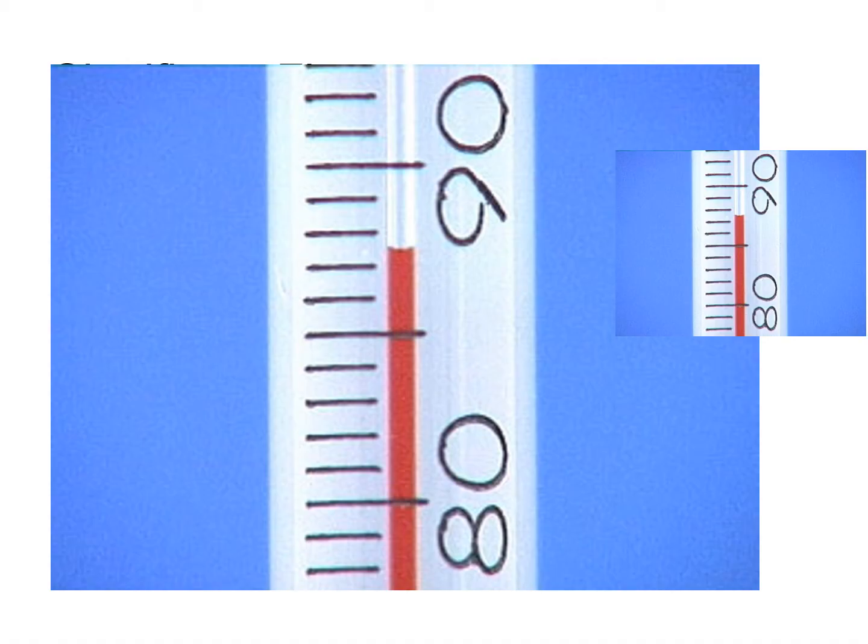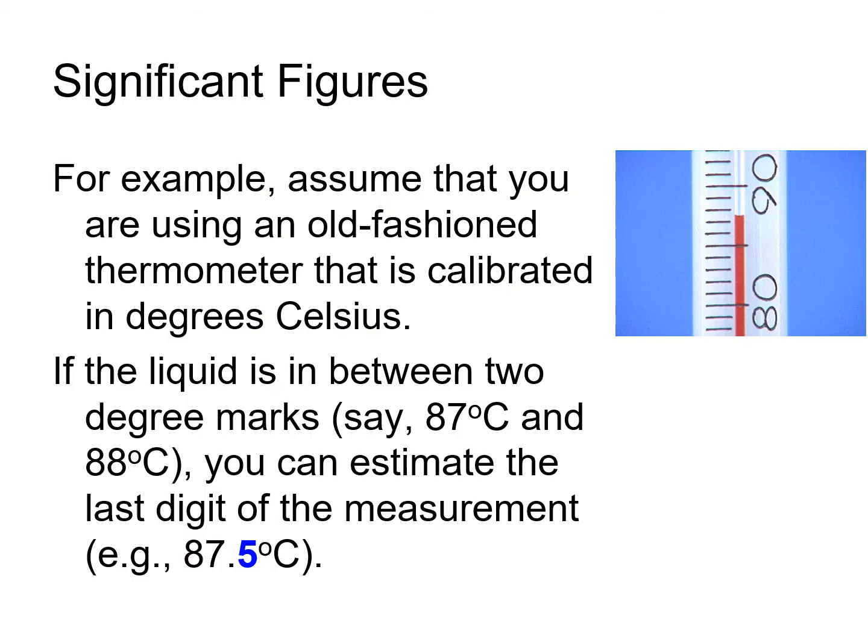So I would not report this as 87 or 88. Instead, I actually measured it to be 87, and I estimated it to be halfway between 87 and 88, so I would write 87.5 degrees Celsius. That 5 is an estimated digit, but it is significant.